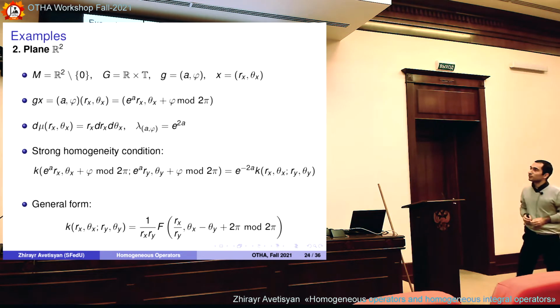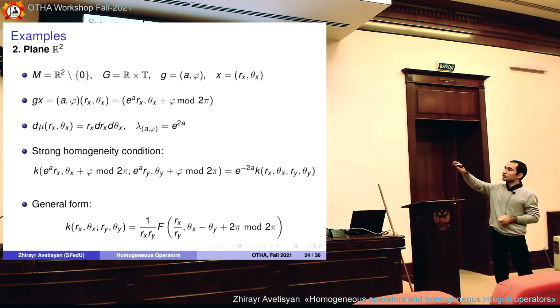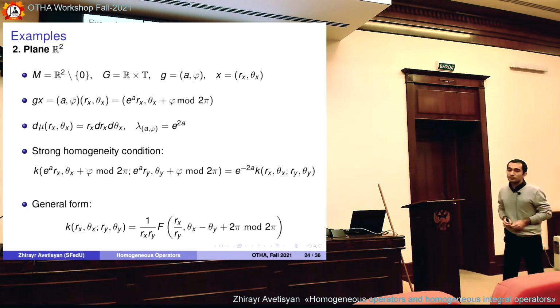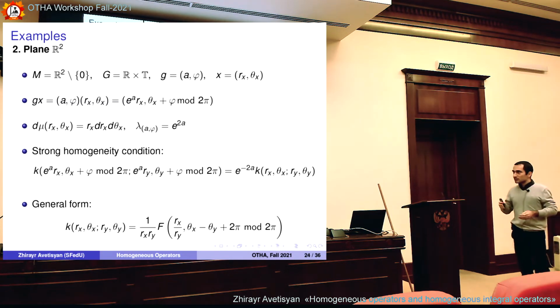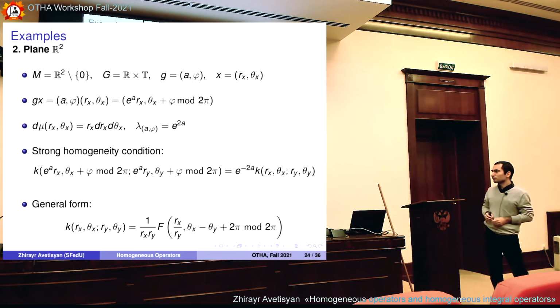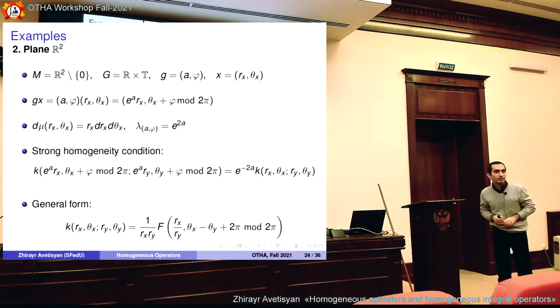In case of this group, there aren't many characters to choose from. It's always something of this form. So the strong homogeneity condition is written over there. It's nothing new there. Now the general form of the strongly homogeneous kernel is this, right? And this is again something familiar. Well, in fact, there is also a note that is due here.